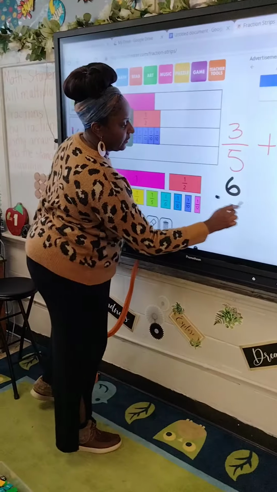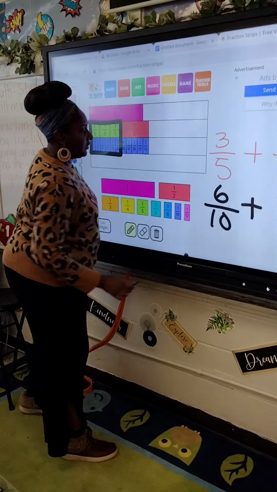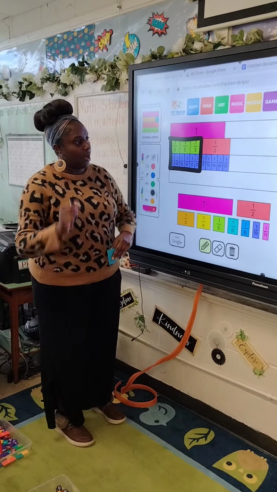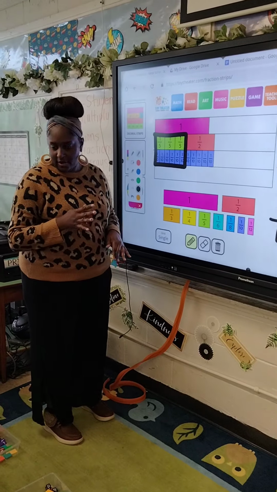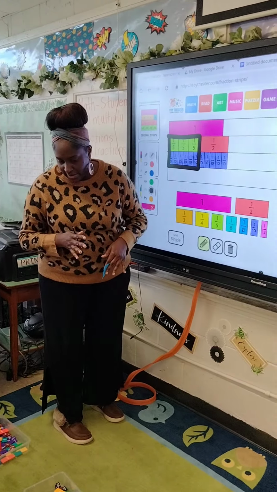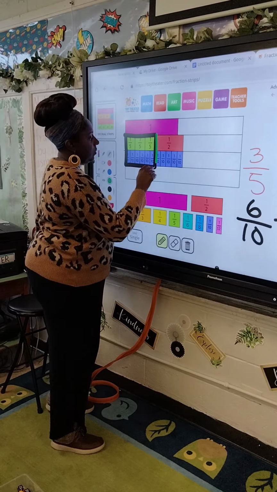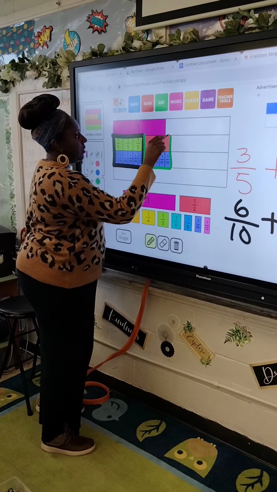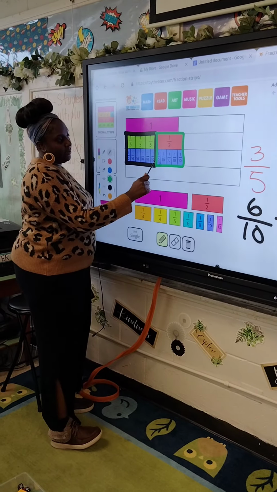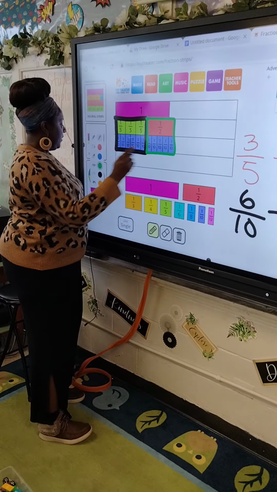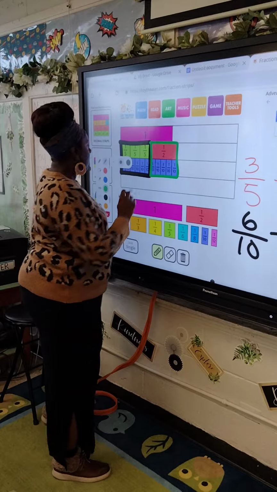So that's 6 tenths. Plus, now what is equivalent to 1/2? How many tenths is equivalent to 1/2? So we see 5. Let's count that: 1, 2, 3, 4, 5. So that's 5 tenths.